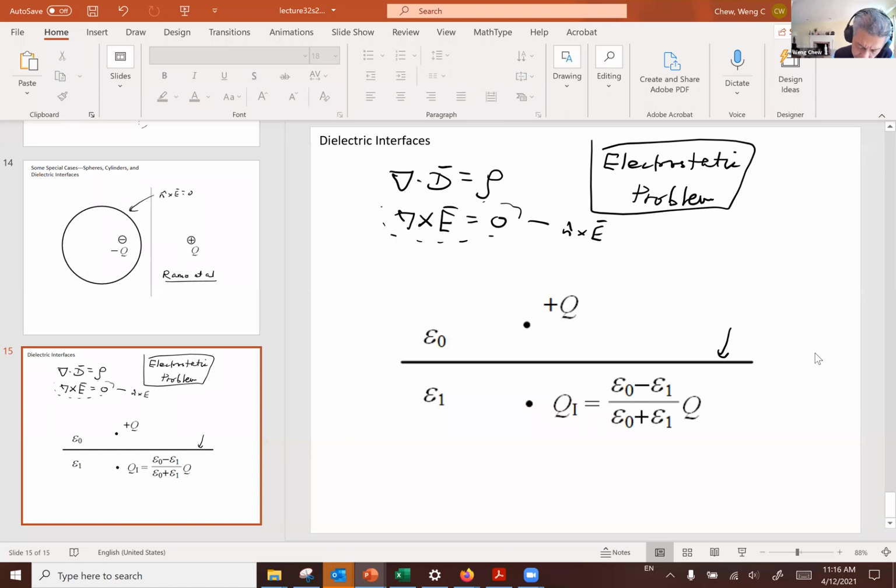N cross E continuous. So you have N cross E continuous at that surface. Okay, you should have this continuous.